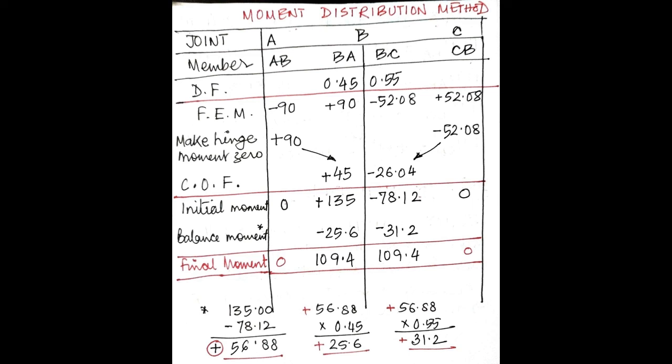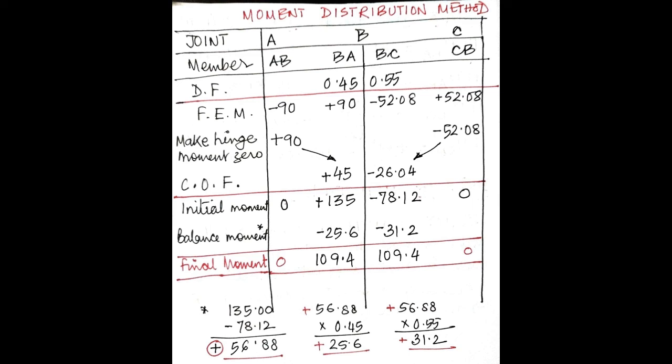So what is the difference between them? The difference is 56.88, right? But this is positive. Why? Because 135 is greater, which is positive bending moment, and 78 is the negative bending moment. So their difference has to be positive, correct? So plus 56.88.